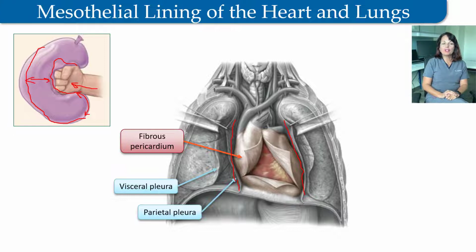The fibrous pericardium is continuous superiorly with the tunica adventitia of the great vessels entering and leaving the heart, and with the pretracheal layer of the deep cervical fascia.